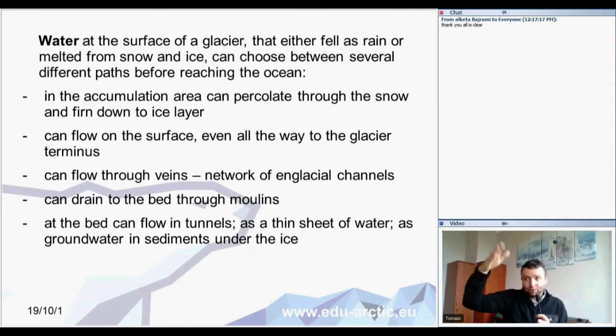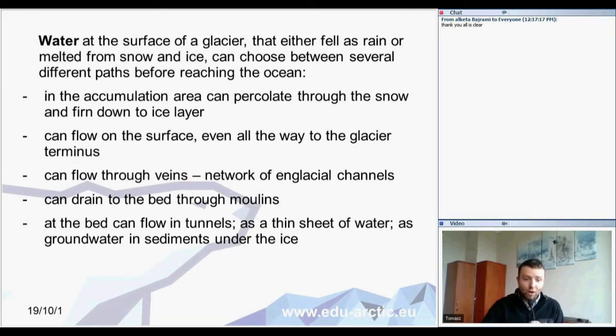And it can also flow on the top of the glacier, on the glacier surface, all the way to the glacier terminus. Water can also flow through veins in englacial channels or tunnels. So there are these different veins where the water goes through inside the glacier.